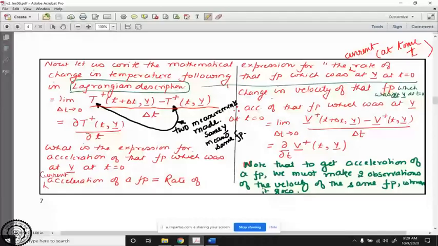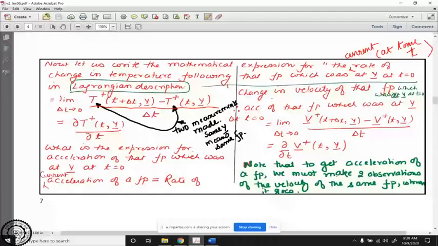Note that to get acceleration of a fluid particle, we must make two observations of the velocity on the same fluid particle. Wherever that particle goes, you have to make measurements of velocity on the same fluid particle and then take this kind of difference and divide by delta t. To find acceleration of a fluid particle, you cannot make the first measurement on the first fluid particle and the second measurement on a second fluid particle.